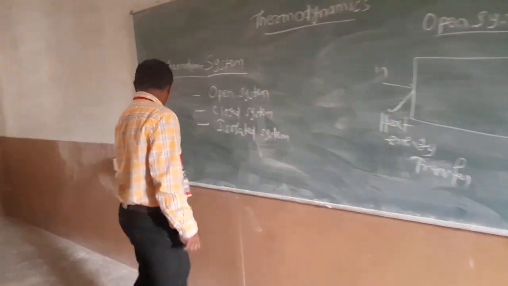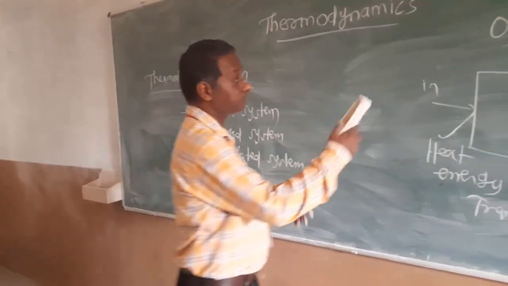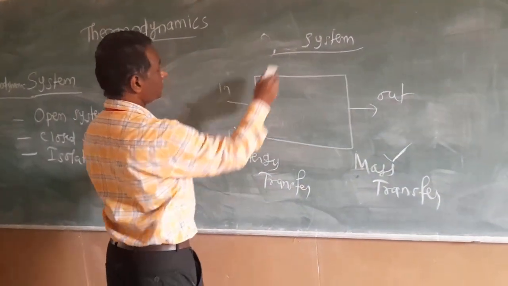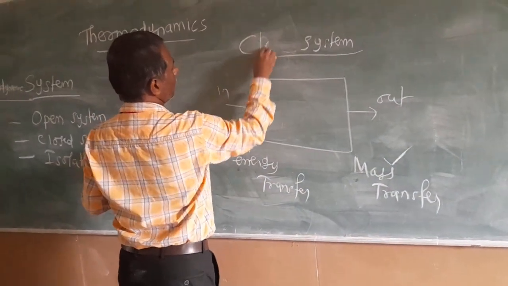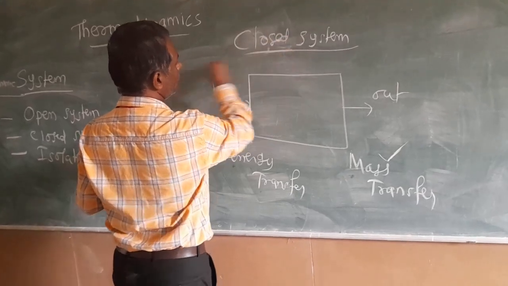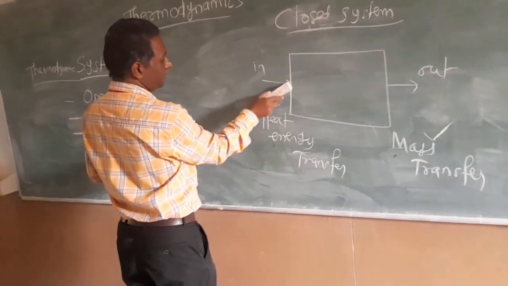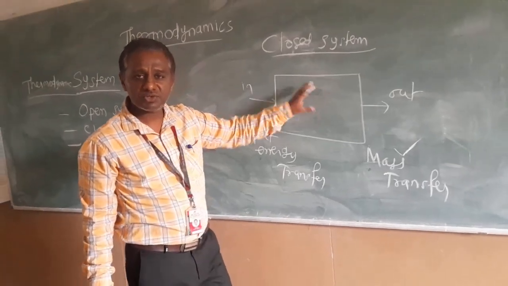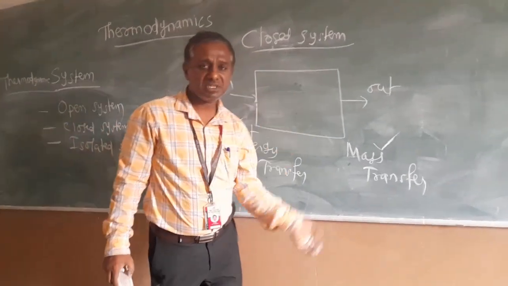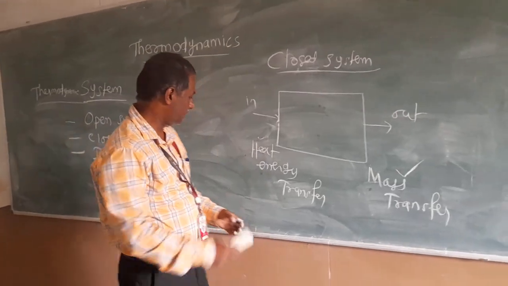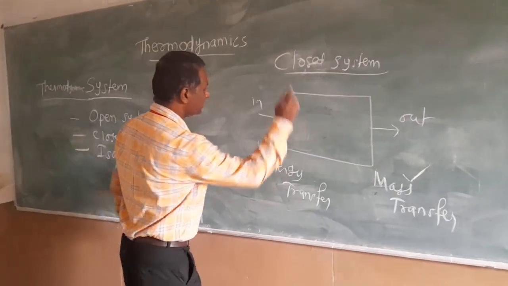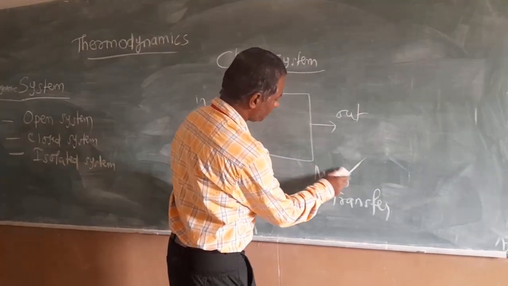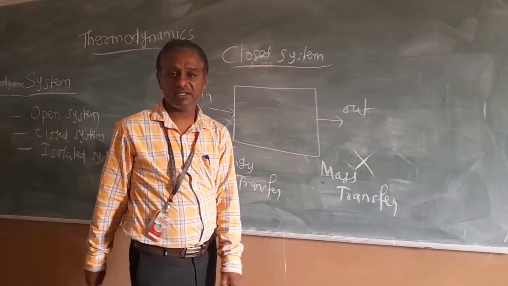Then let's move on to the closed system. Now it is closed, but a system means something to be done, work to be done. So energy transfer must be available, must be there inside the system, but mass transfer is not there.